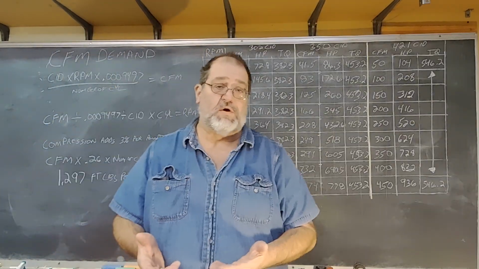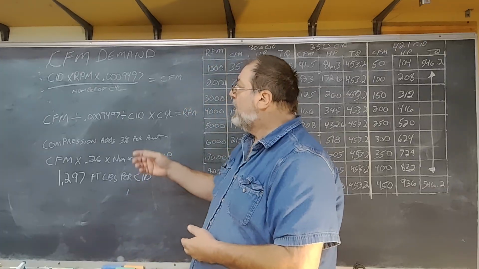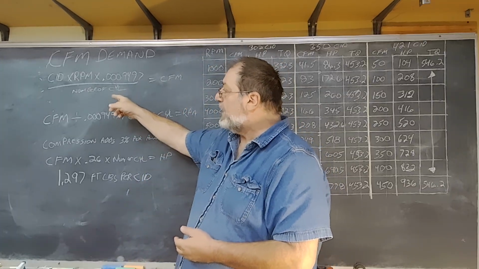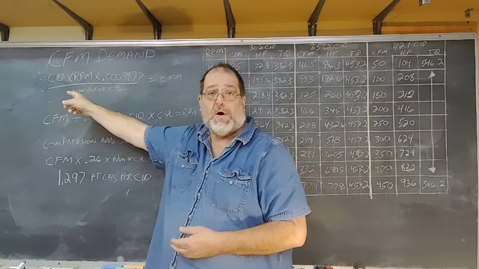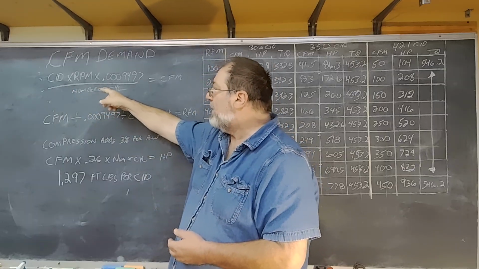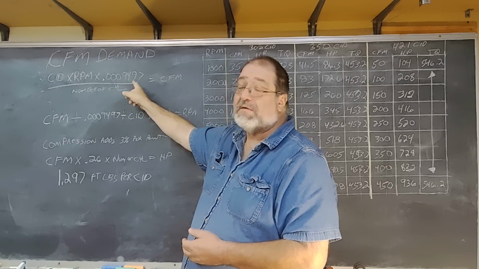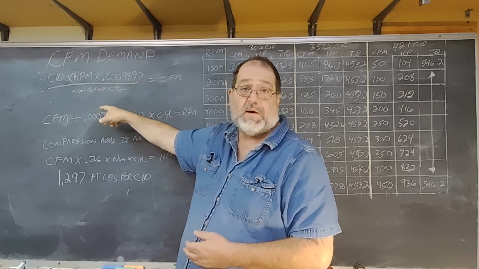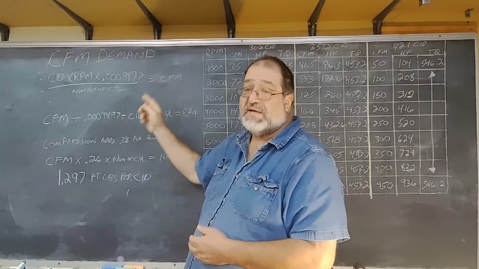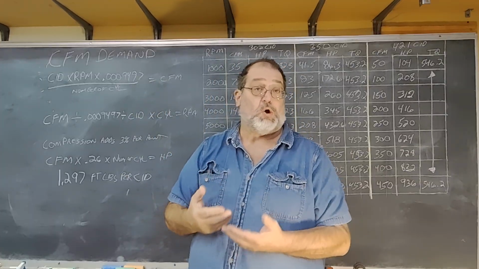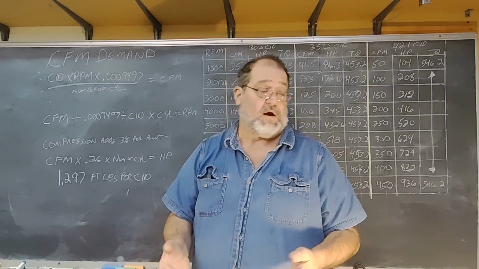The airflow is fairly easy to sort out. There's a formula for it: cubic inch displacement of the motor times RPM times 0.009497, and then divide that by the number of cylinders, because that'll then give you CFM per runner, which is what heads are done on.